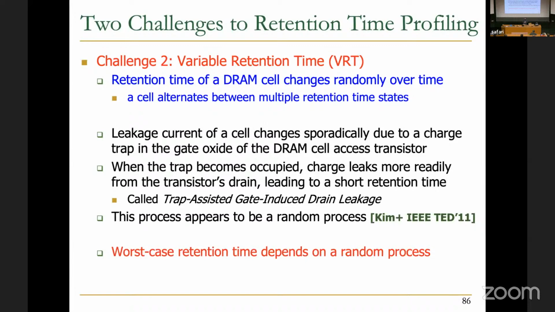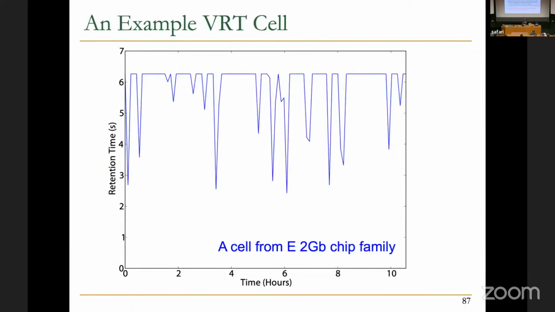This process appears to be a random process based on prior work, and the worst-case retention time, unfortunately, depends on this random process. So to find this worst case, you need to test the same chip over and over again, expecting that this random process will happen, and then find the worst case. This is an example of that.